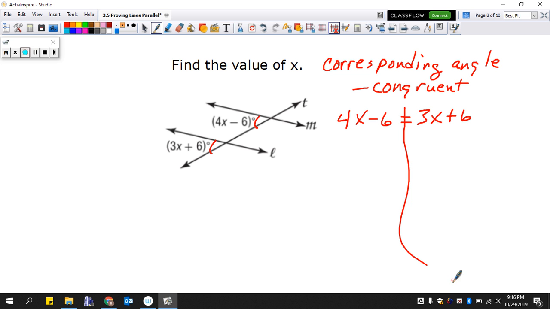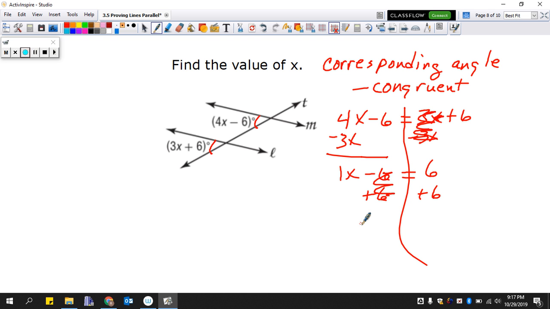Minus 3x, minus 3x. Cancel out the x term. We end up with 1x minus 6 is equal to 6. Add 6, and we end up with 1x, or just plain old x, is equal to 12.